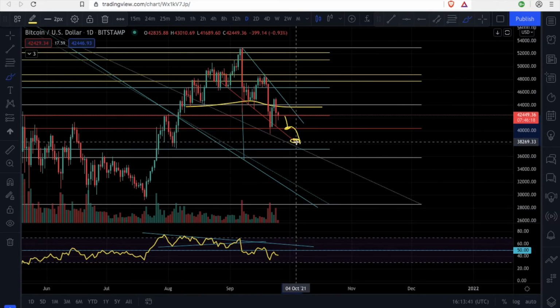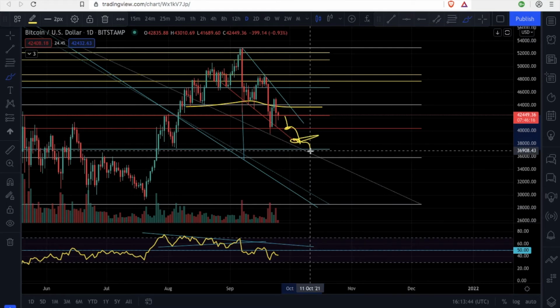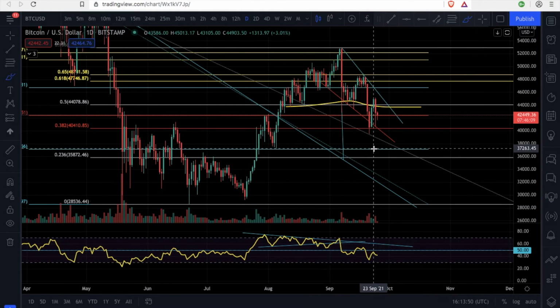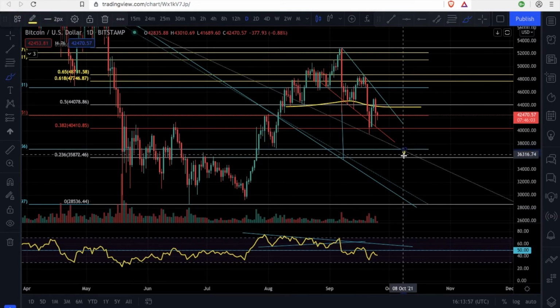And if by any chance it can't hold that as support, then the next Fibonacci retracement, the next support line will be around here, the $37,100 level. And if the Bitcoin price can't hold that support around the $37,100 level, then the next support line will be around here, the $35,800 level. And yeah, those are the support lines I see in the short term for the Bitcoin price.